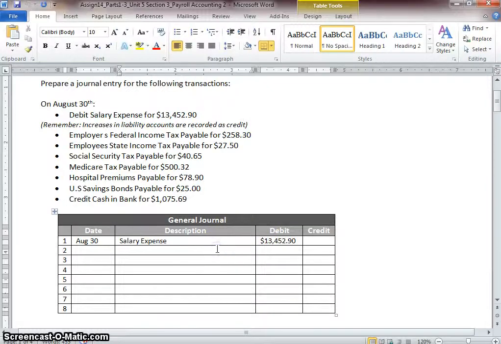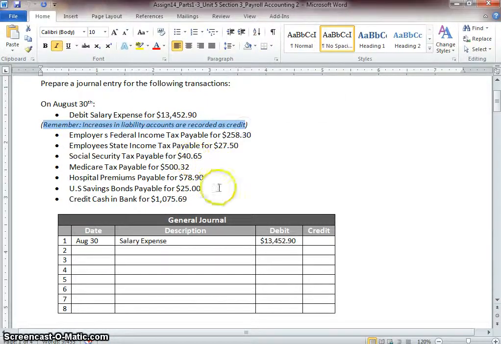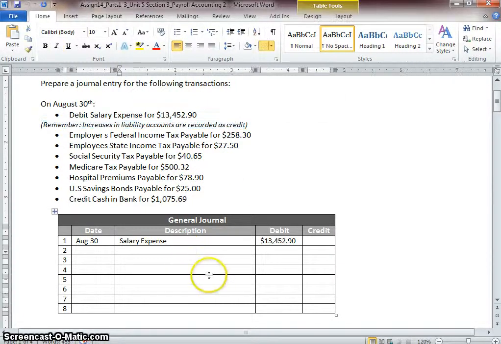So our next journal transaction, and I put in a little reminder here for you, if we're increasing these liability accounts, that's going to be recorded as a credit. So keep that in mind. The next transaction we're recording, and I'm going to tab in just a little bit because that's how we record in our journal, right?